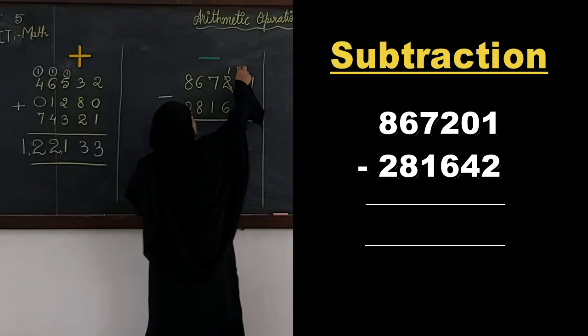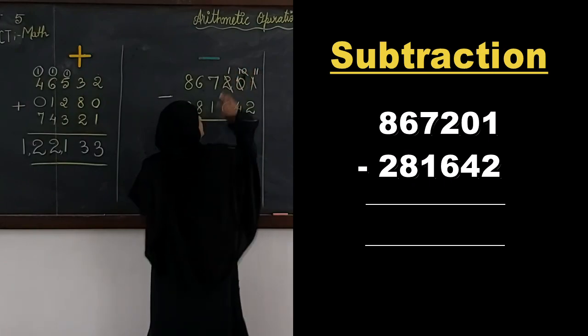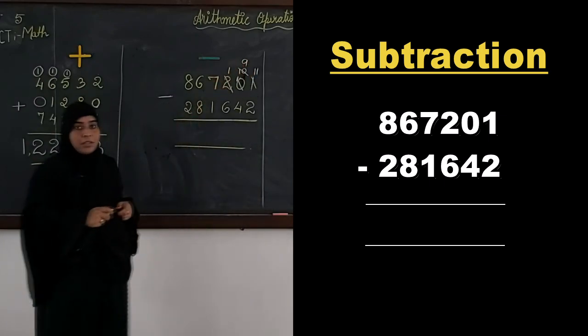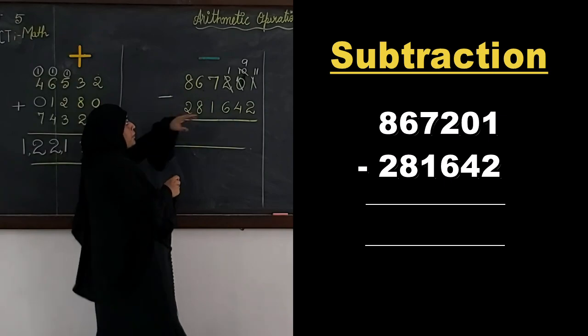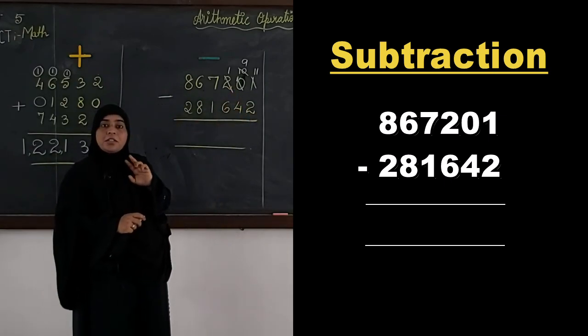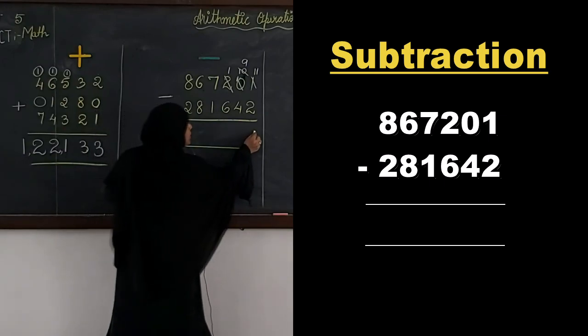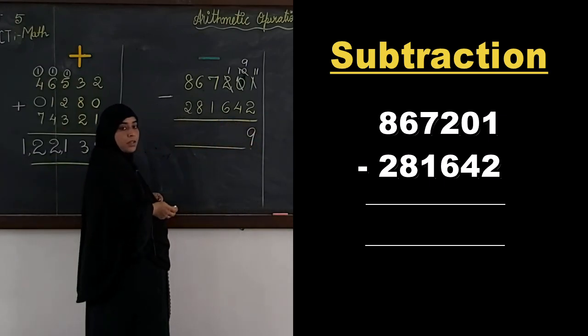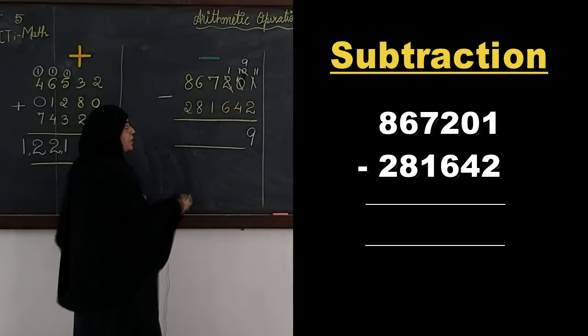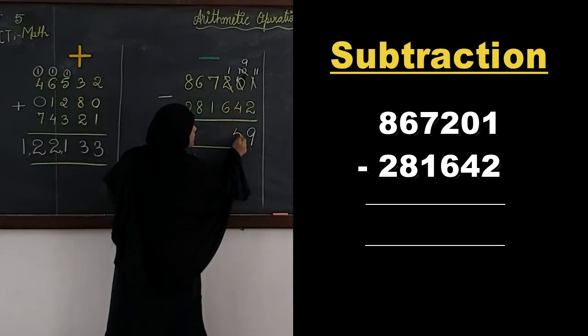Okay, so from here we will carry 1 over here and this will become 11 and here remains 9. Okay, now from 11 we can subtract 2. 11 minus 2 will be 9. Now 9 minus 4, the next place, 9 minus 4 will be 5.